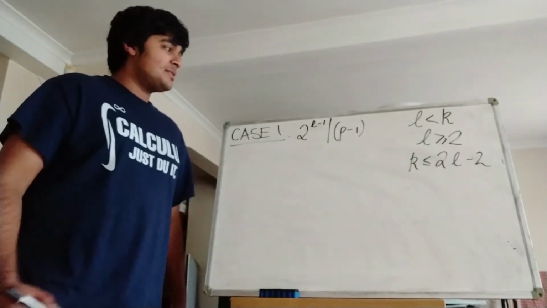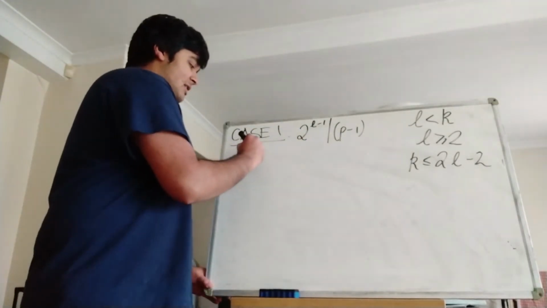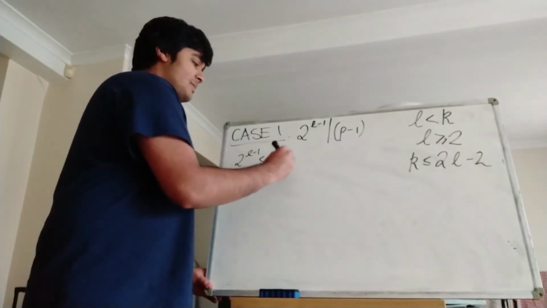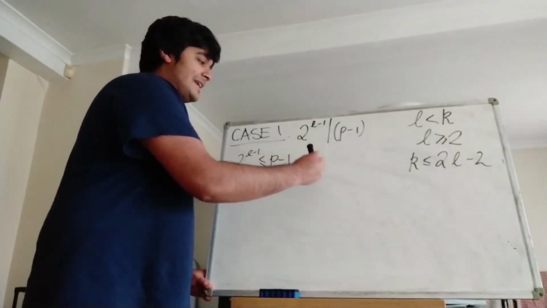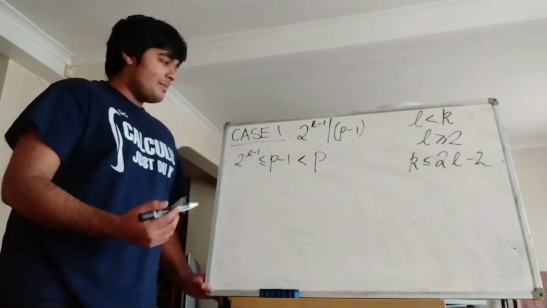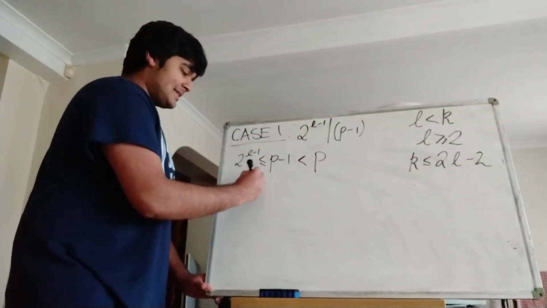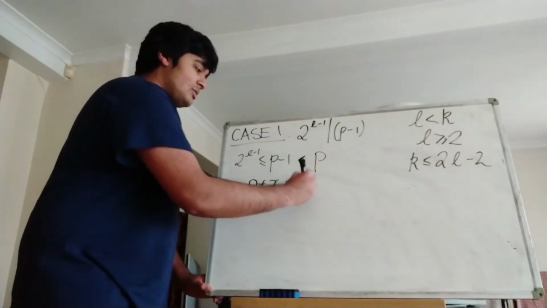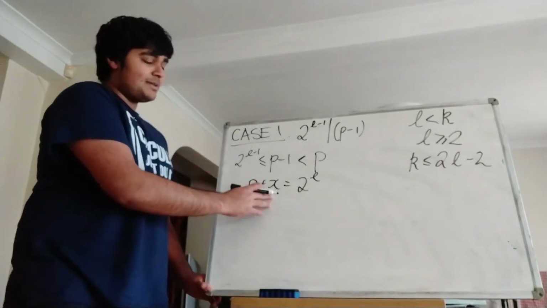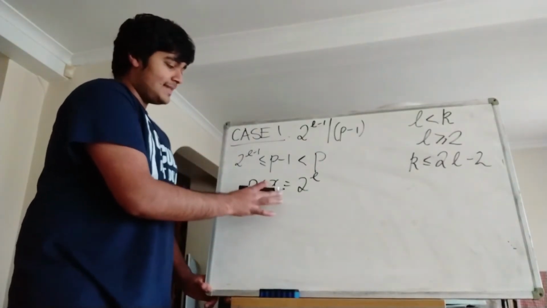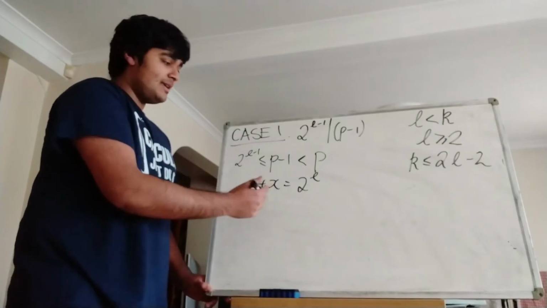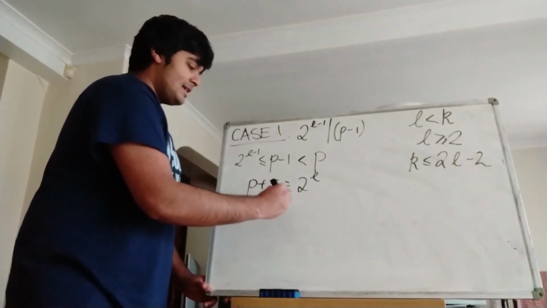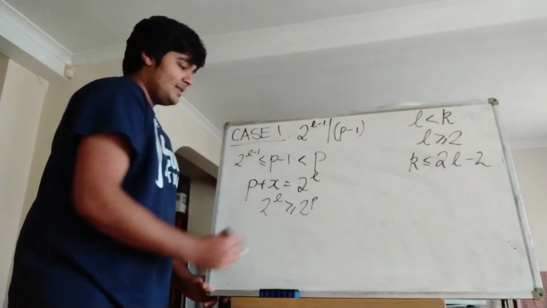So 2^l divides p - 1, so certainly then 2^(l-1) must be less than or equal to p - 1, but in particular it's strictly less than p. But remember at the start we had that p + x equals 2^l. Remember x is bigger than or equal to p, so this thing here is bigger than or equal to 2p, so we get that 2^l is bigger than or equal to 2p.